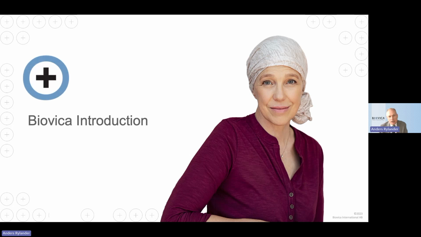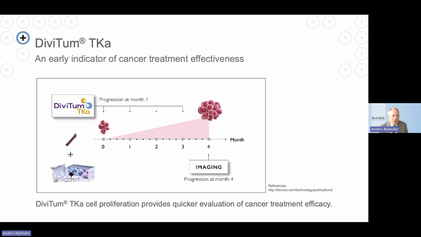If I should move into the Biovica introduction, I'll start to talk about our product DiviTum. DiviTum is a tool for measuring cell proliferation from a simple blood sample. We do that by measuring an enzyme which is closely related to the cell proliferation cycle.